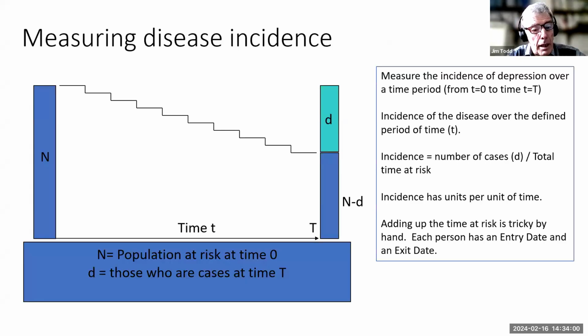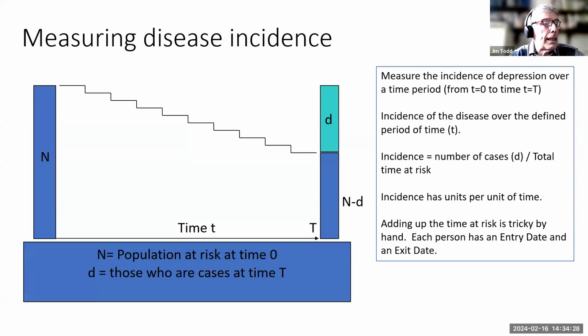Okay, the other thing that we might want to be measuring is the disease incidence. And here, disease incidence is different from disease prevalence because the incidence of depression is more like what was mentioned there by Mustafa, is the number of people who are new cases of that disease.